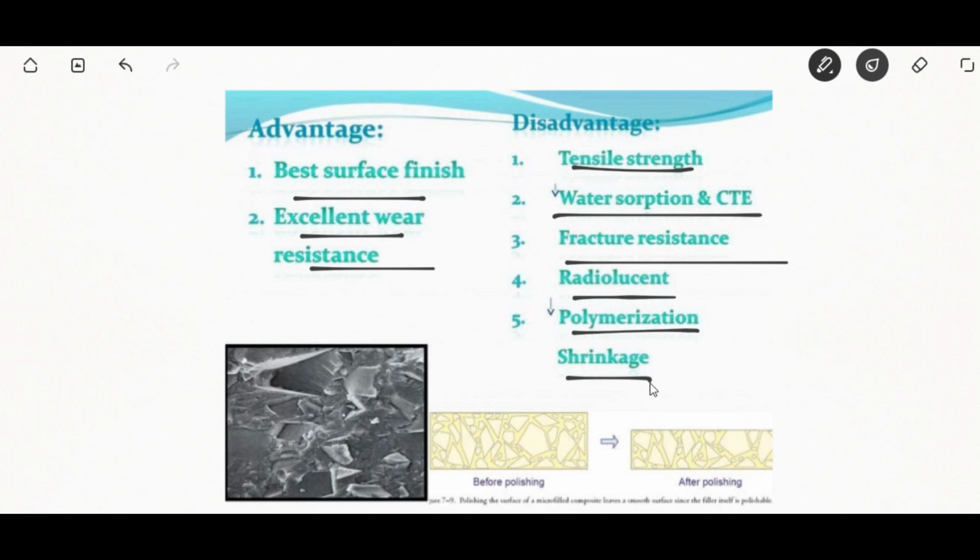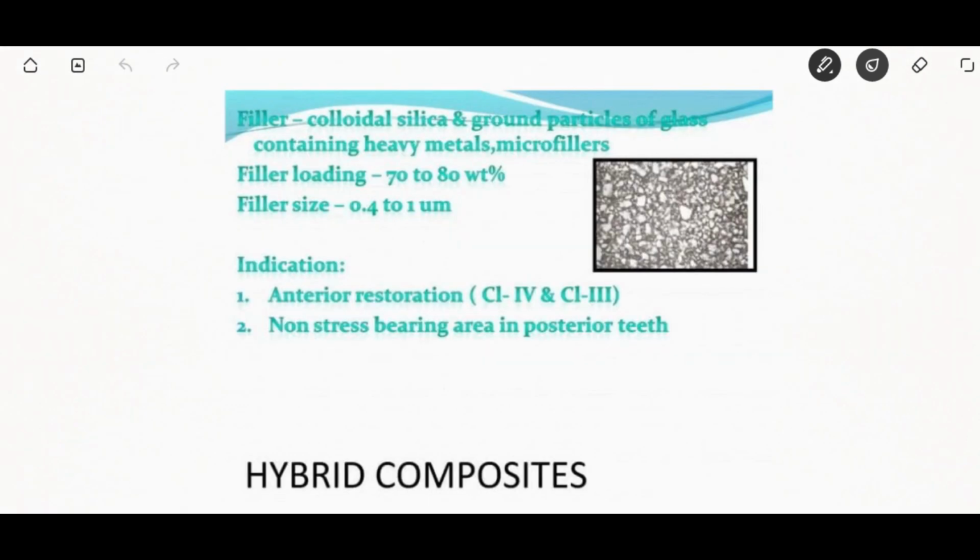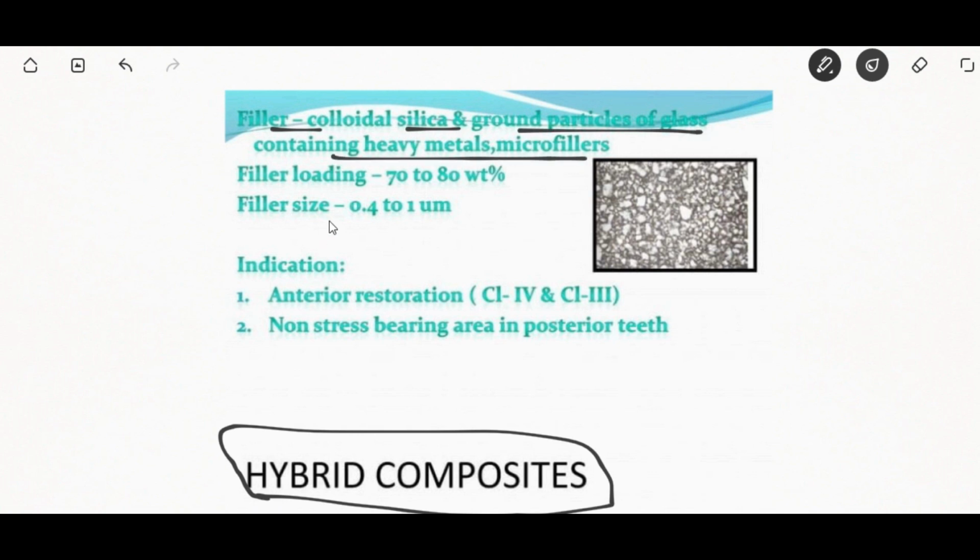The hybrid composite: the filler is colloidal silica and ground particles of glass containing heavy metals. The filler loading is 70 to 80%. The filler size is 0.4 to 1 micrometer. Indicated in anterior restorations and non-stress bearing areas in the posterior teeth.